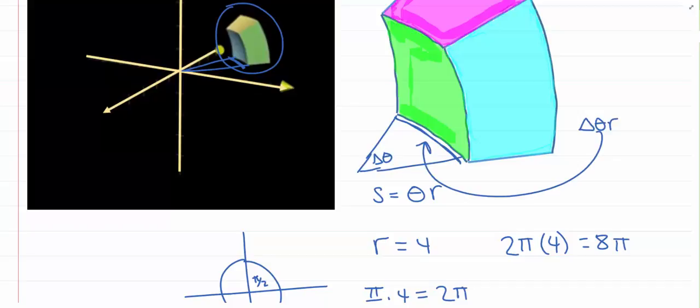Now, we want to use the same reasoning for this length here. But now the angle that we're considering is not theta, it's going to be phi. So if we want to talk about the arc length there, it's going to be rho times delta phi.